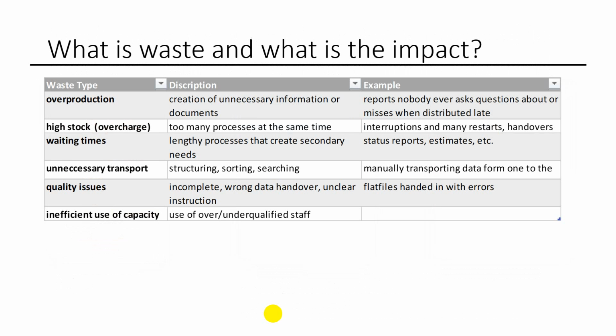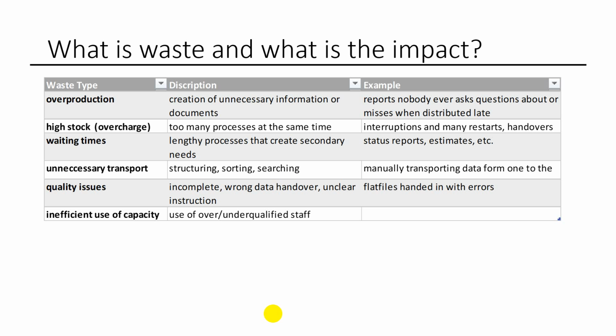So as said before, we have to create flow efficiency, so to say, unburden the organization and concentrate on being available when it's needed. And that is partly done by looking for waste. Now, what is waste? Waste can have different phases. One is overproduction, so you're making reports that nobody reads. That is intuitive.